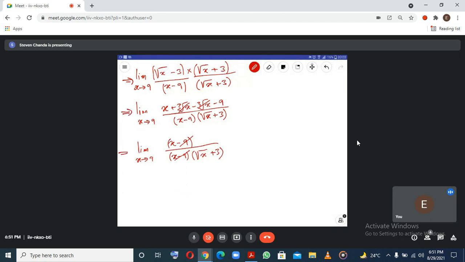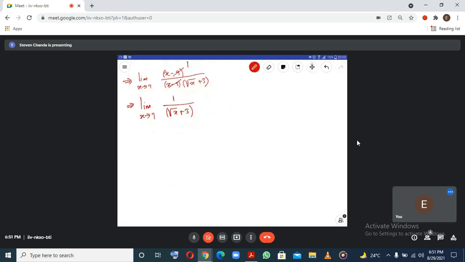Let's now write what we are remaining with. We're remaining with the limit as x goes towards 9 of 1 over the square root of x plus 3. Since we can plug in 9 here without any difficulties, we plug in 9 and get 1 over the square root of 9 plus 3.